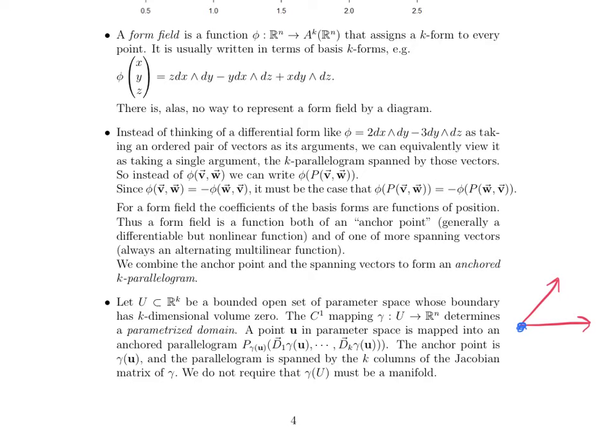Why is this so useful? Well, quite frankly, we really need a way to describe these anchored k-parallelograms. Same as when we want to go about integrating over manifolds, we need parameterizations to describe that manifold.